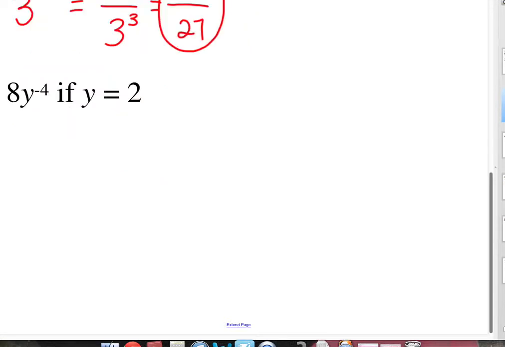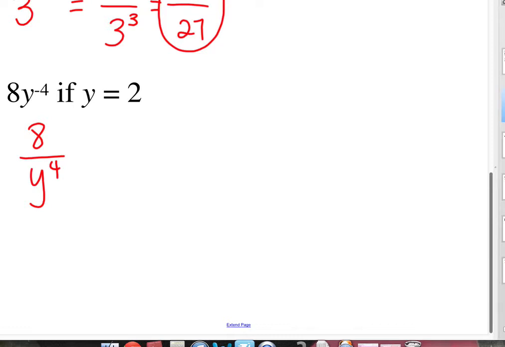Last one. 8 times y to the negative 4th power, and y has a value of 2. So just the y has the negative exponent on it, so where are we going to send him? I hope you know, because I'm kind of getting tired of saying it. Send him down to the basement. Now he's got a positive 4 on him.